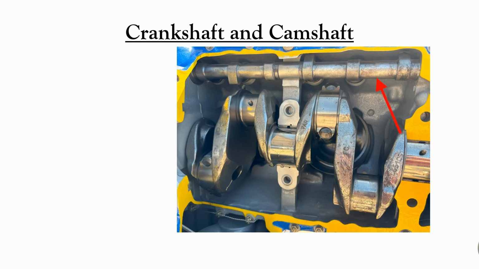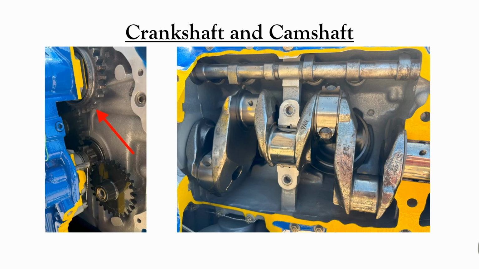and the camshaft. The pistons are attached to the crankshaft by connecting rods so that the pistons move up and down as the crankshaft rotates. Cams on the camshaft open the valves at the correct times through a mechanism with push rods and rockers.